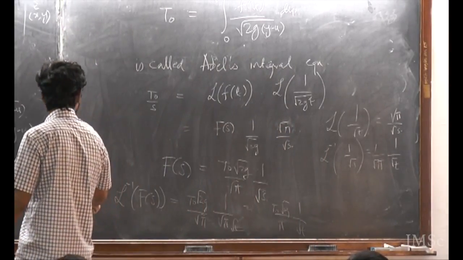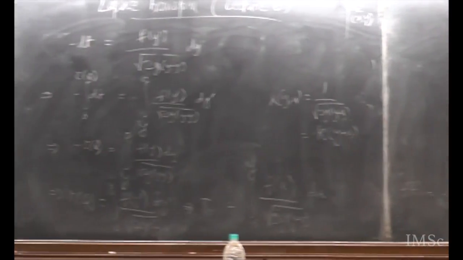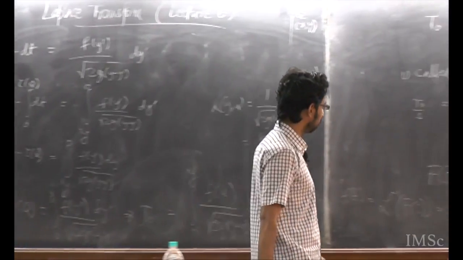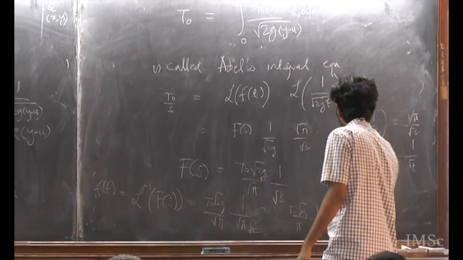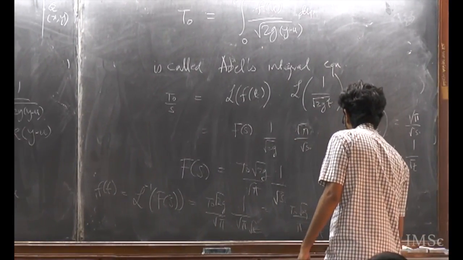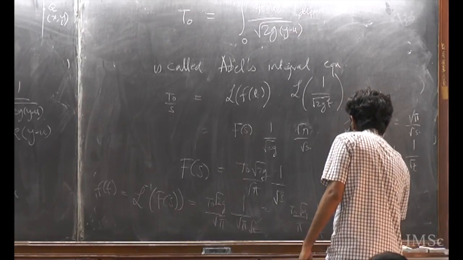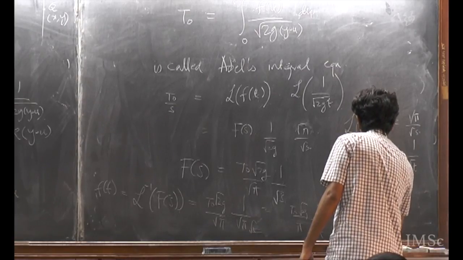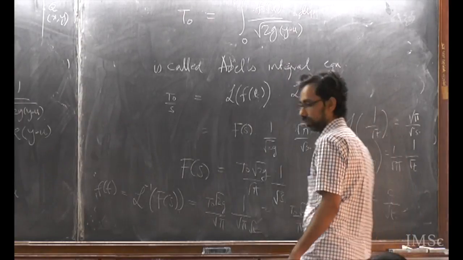Now this is not the equation we want because this is a derivative. So in fact this is again a differential equation. This equation is just d sigma by dy, or dt, I think, is some constant over root t, if I am correct.